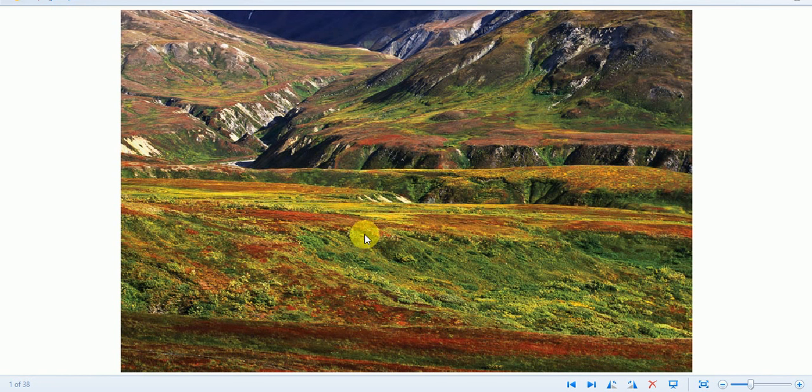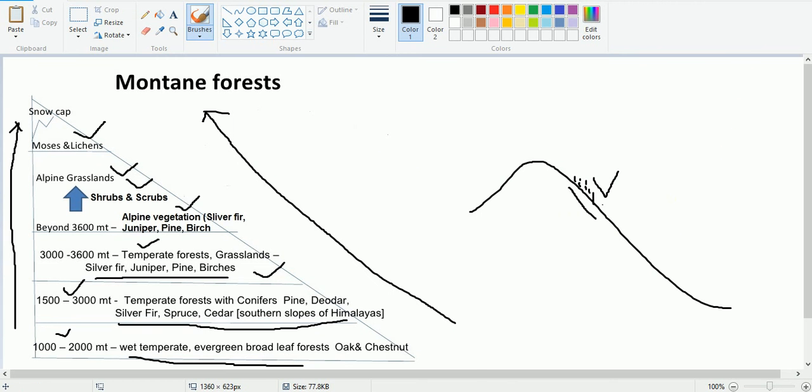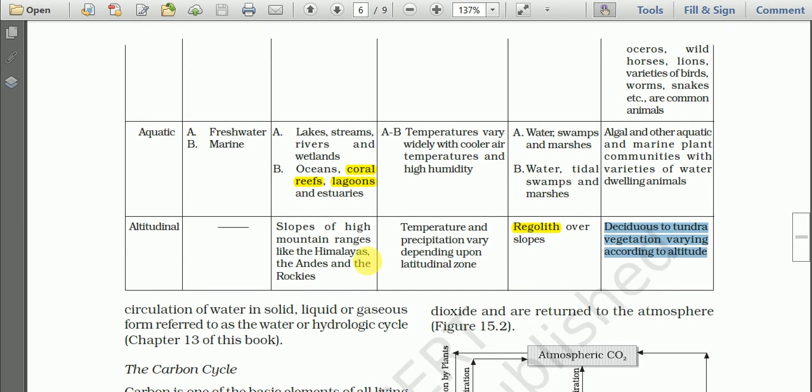Okay, so this is tundra vegetation in the Alaskan mountain. So in this way, for the biomes on a mountain slope, depending on the height of the area, the temperature and the precipitation vary, and that is why we find different types of forests.